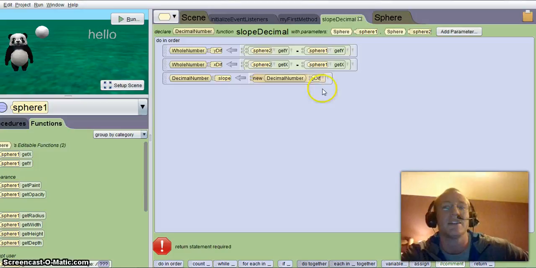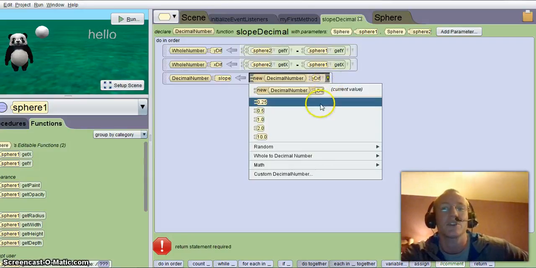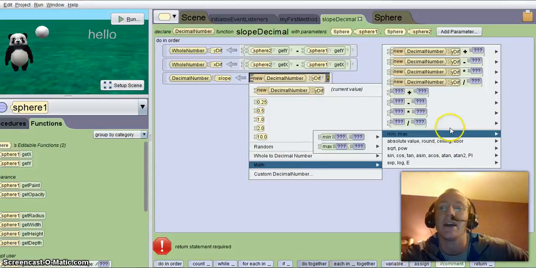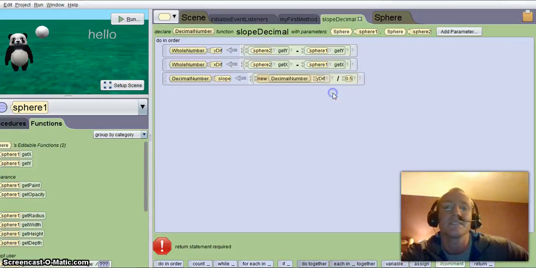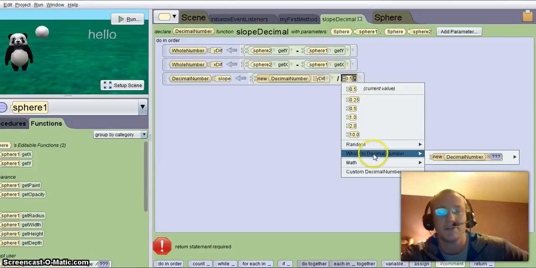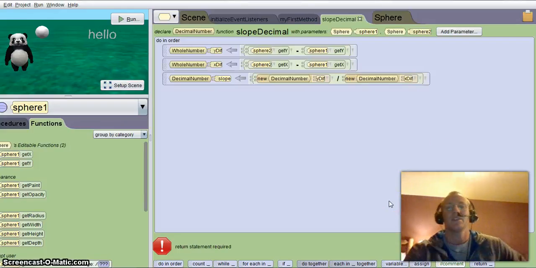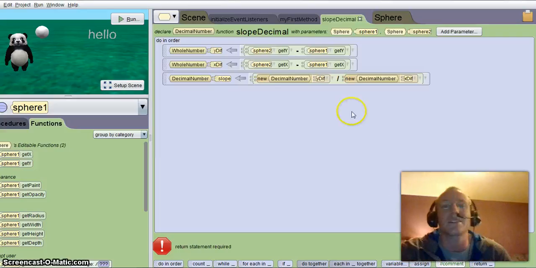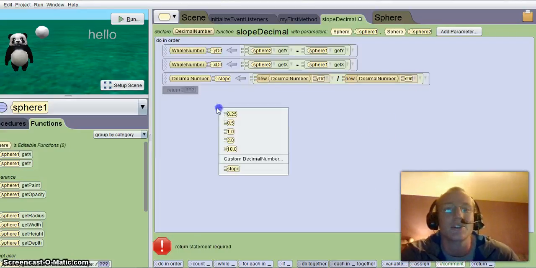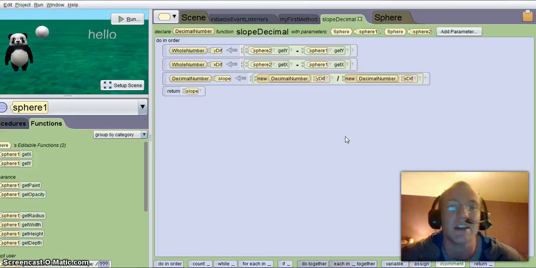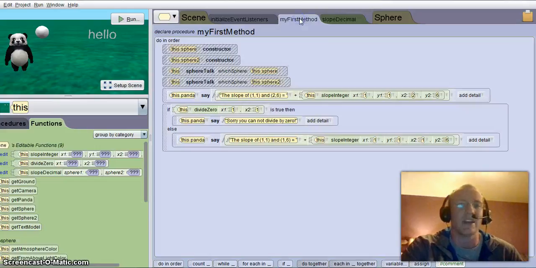So here we have y difference, and we're doing this number math divided by, you have to do the same thing, convert x difference. Okay, so that would be our slope, but if we returned this slope, you'll notice that it's actually not rounded to two places. Let's take a look and see what happens.